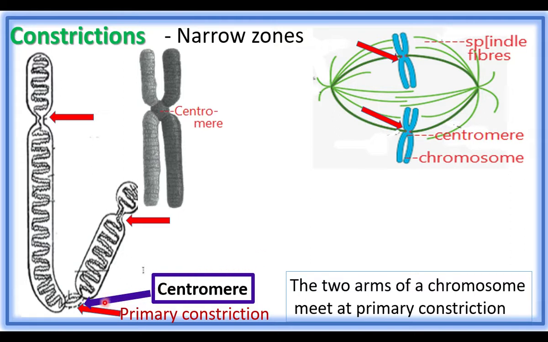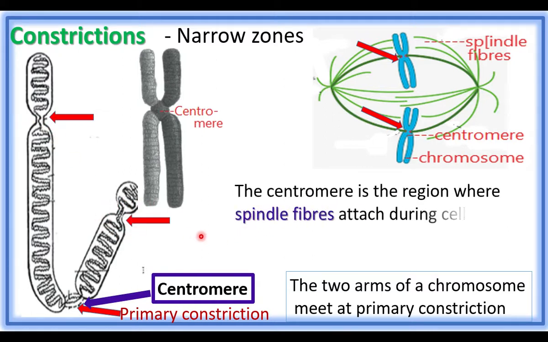What is primary constriction? It's the place where the centromere is present, and the constrictions other than primary are secondary. This is a secondary constriction. This is also another secondary constriction. Spindle fiber is connected to which part of the chromosome?